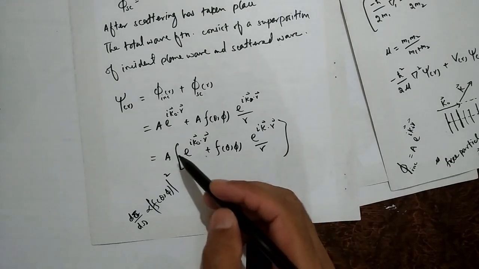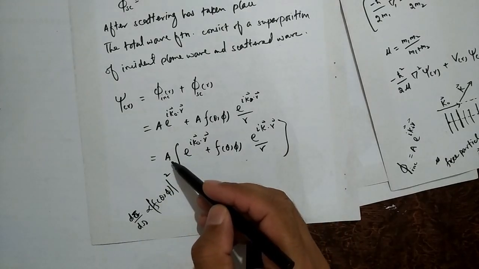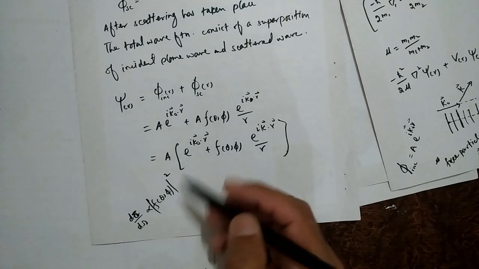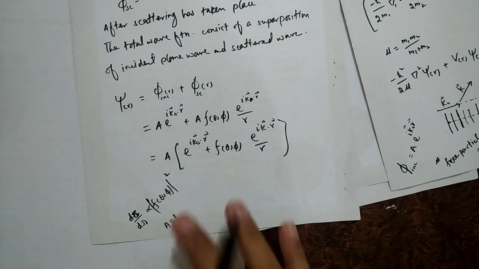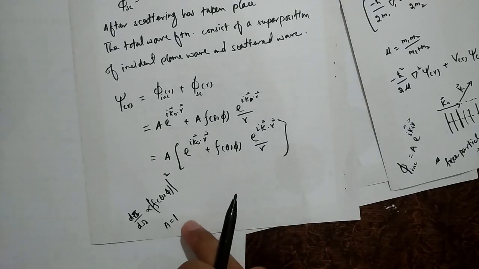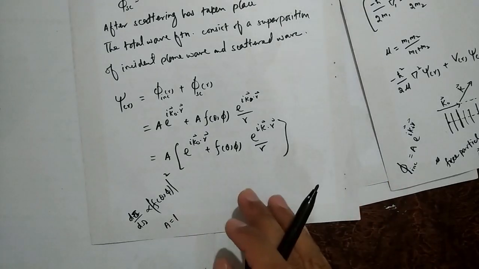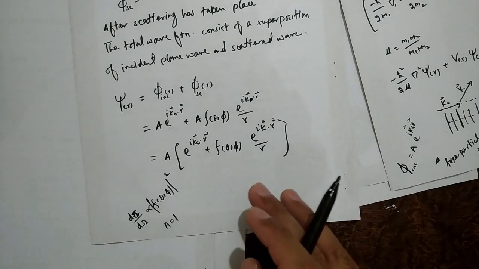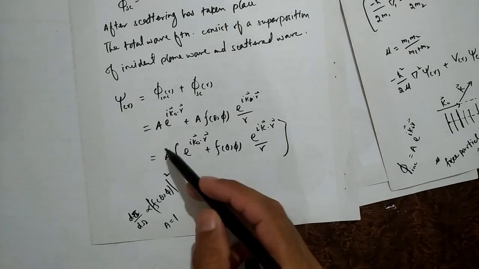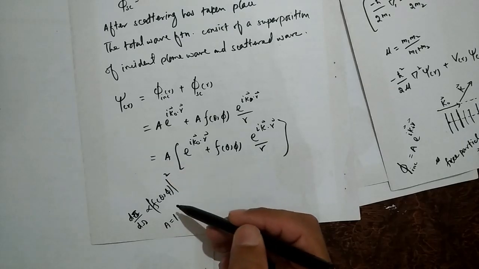So the differential cross section is independent of A, and so we can keep this normalization factor equal to unity. So in the coming lectures throughout the whole chapter, A will be equal to 1. Thank you very much.